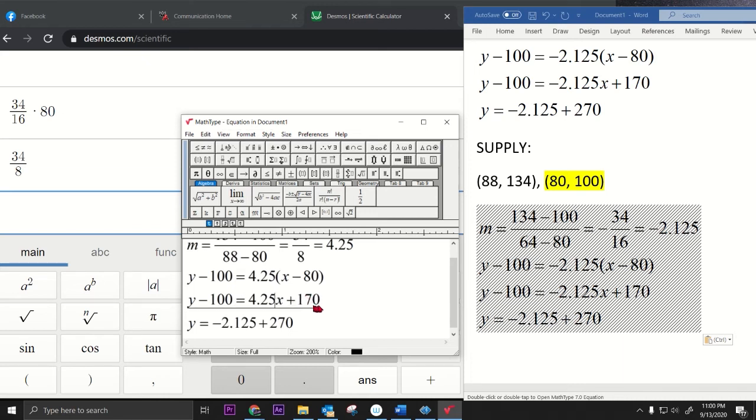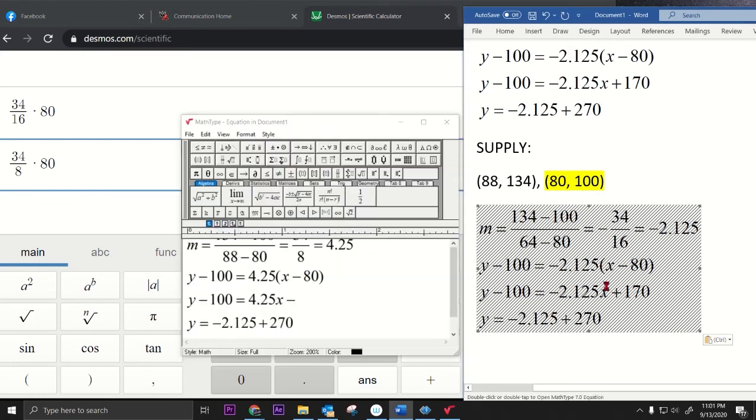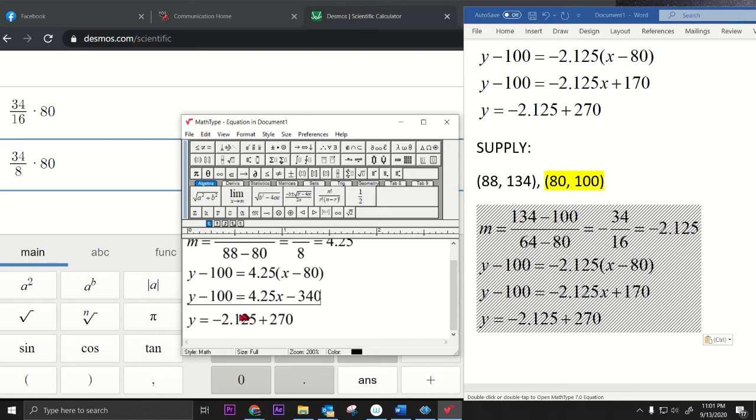This 170 is different. It would be minus now. 80 times 4.25, so times 80 is 340. Yep, 340. I'm missing an x on that last equation, 4.25x. If I add 100, I get negative 240. Negative 240 looks like our answer.